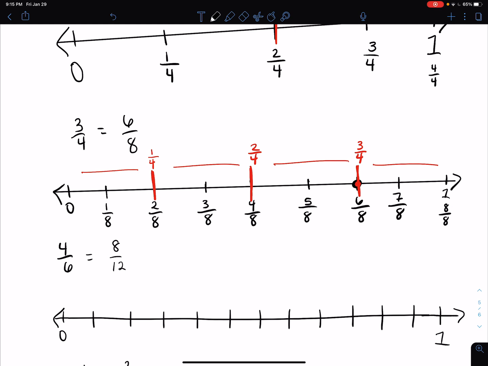I know that this is divided up into a lot of sections, so I need to figure out what it's divided up into. So I have 1, 2, 3, 4, 5, 6, 7, 8, 9, 10, 11, 12 spaces.